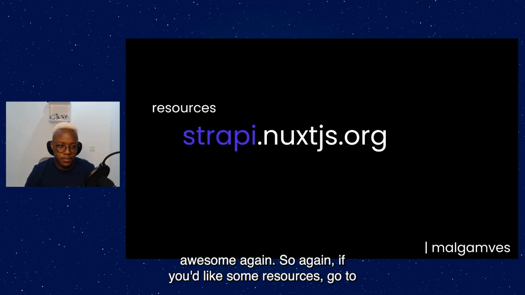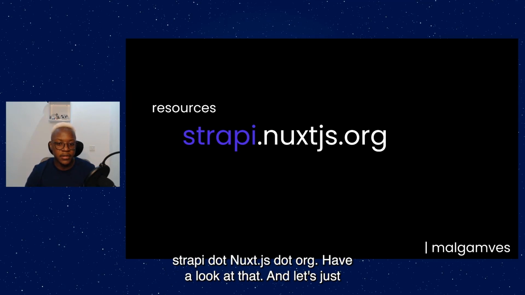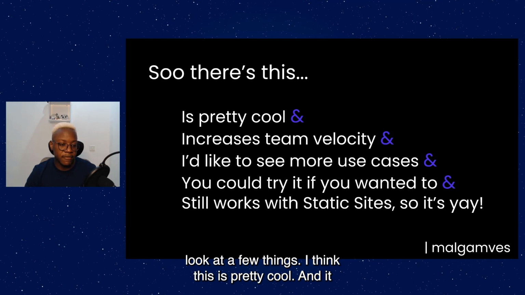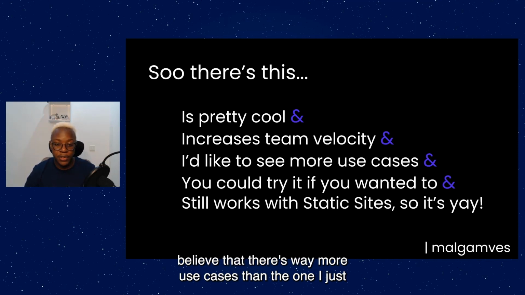So again, if you'd like some resources, go to strapi.next.js.org, have a look at that. I think this is pretty cool, and it definitely increases team velocity. I also believe that there are way more use cases than the one I just demoed.